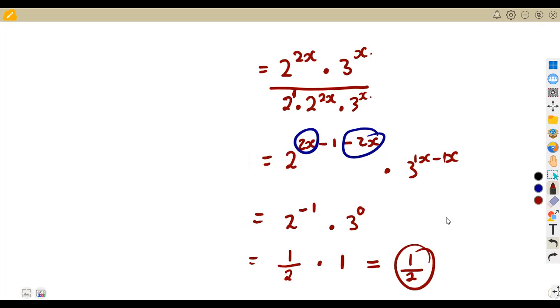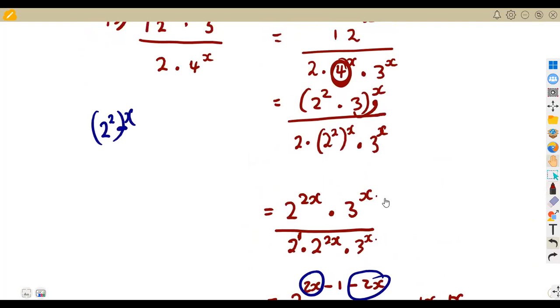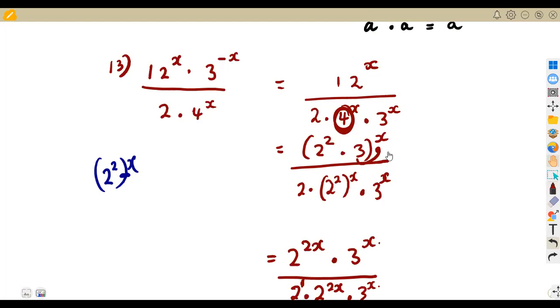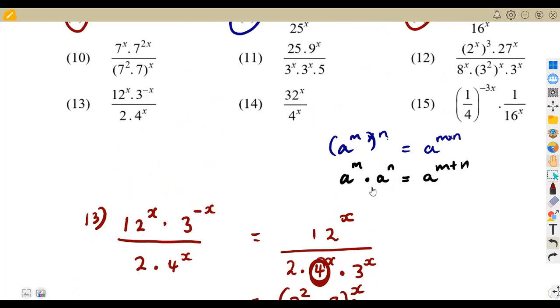If we are to simplify, we have to be very, very careful in the application of your laws. You have to apply your laws carefully, all the laws now combined together from grade 9 and grade 8. So I want you to revise those laws.